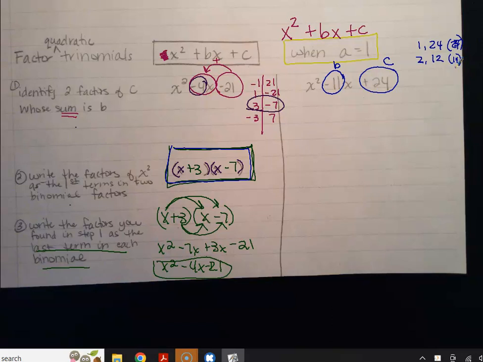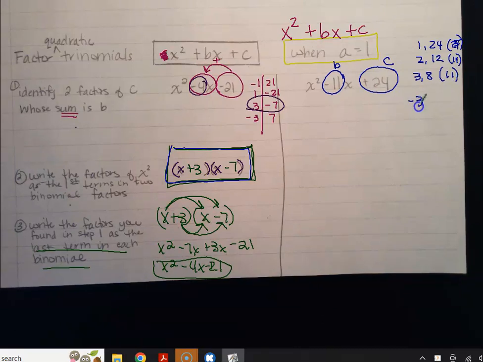So what are some other factors of 24? Like 3 and 8, right? 3 plus 8 is 11. So we need to make it -3 and -8. It gives me a positive 24, right? -3 times -8 gives me a positive 24. But when we add them, -3 plus -8 gives me a -11.